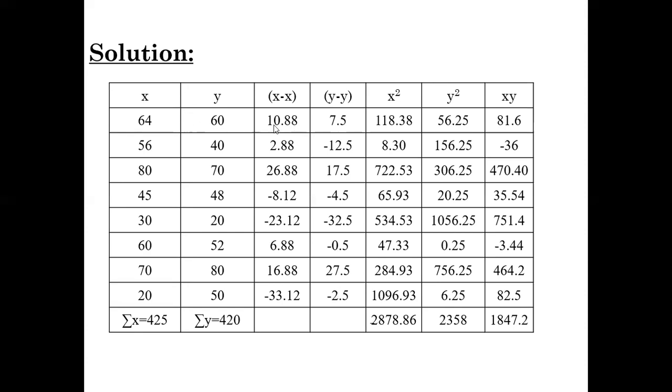Like that, the x column is 10.88, 2.88, 26.88, minus 8.12, minus 23.12, 6.88, 16.88, minus 33.12. These are the values of x. Similarly, you have to calculate the y column also. So in the y column, how many items are we getting here?